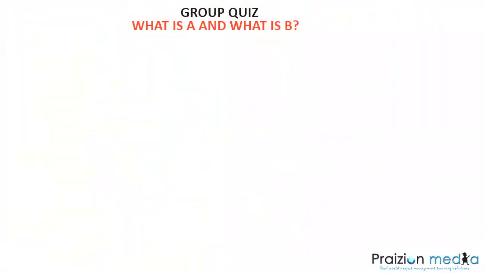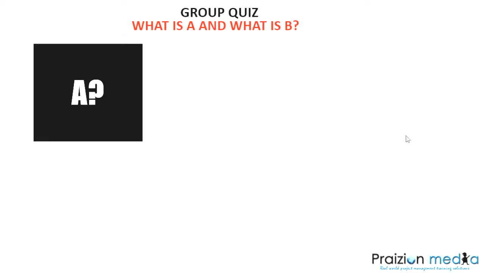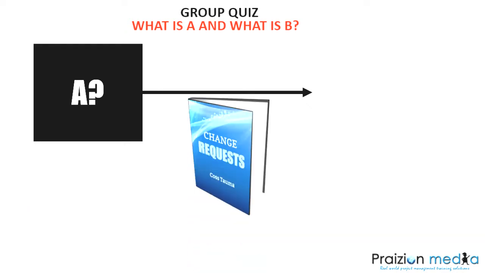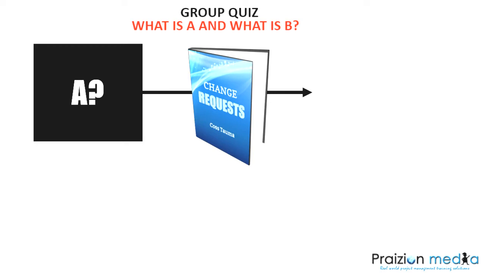All right? So let's start off as usual with our little dialogue. We got two processes, A and B. They are related because of the output from process A. What is the output today? It is change requests.